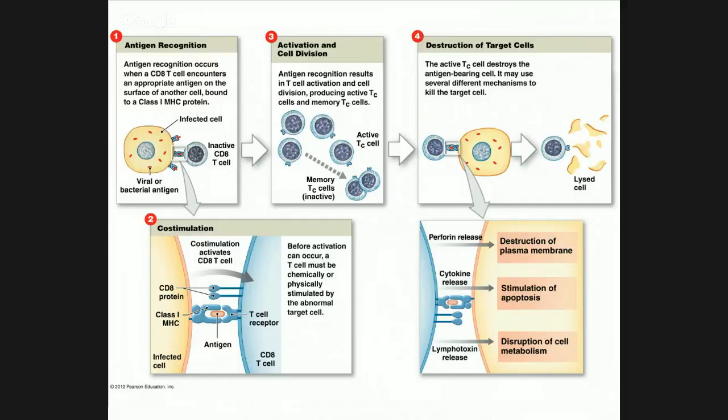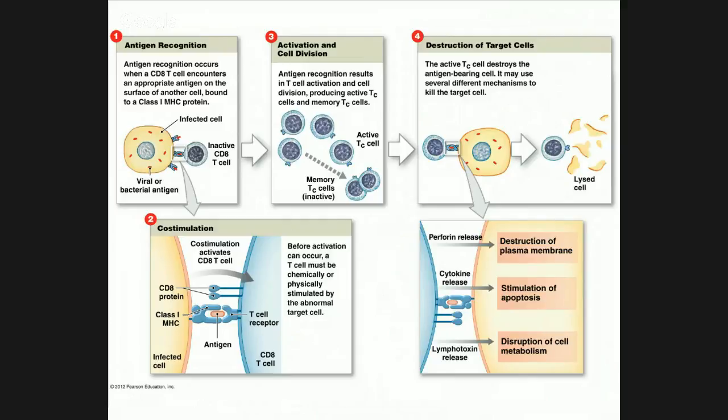And then the CD8 cell is called that because it has on its surface a protein called CD8. CD8 recognizes class 1 MHC. So again, the T cell receptor antigen binding and the CD8 MHC recognition, those two things have to happen. And a signal is released by the antigen presenting cell that co-stimulates and activates the CD8 cell.